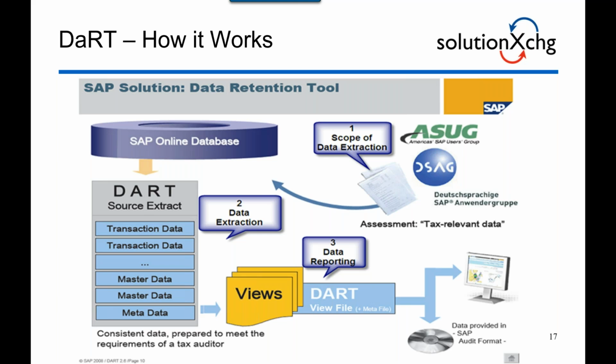And then the third step is actually limiting what's delivered to the requesting authorities in the first place, because the extract I call a superset of data that might be necessary to provide, and then the views are reports that are filtering down not only based on time, but also based on specific fields of interest and specific subsets of companies or vendors, if necessary, or company codes, to provide the actual deliverable file.